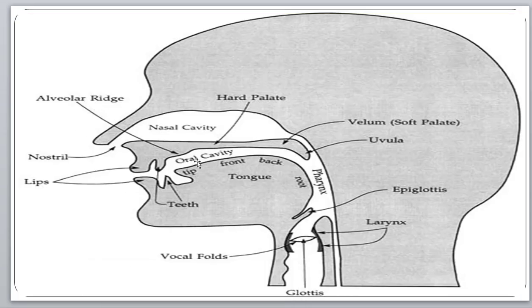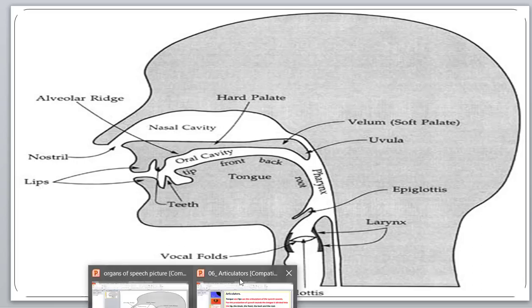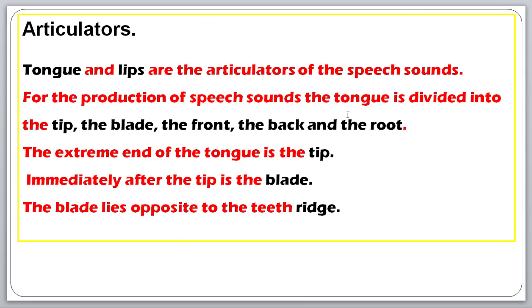The blade here is our tongue. Okay, the most important part to produce the speech sound. Either it touches the teeth ridge to produce the speech sound or it opens. So the tongue has the tip, blade, front, back, and the root.